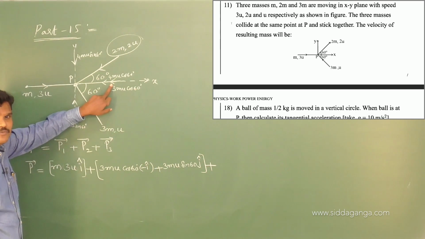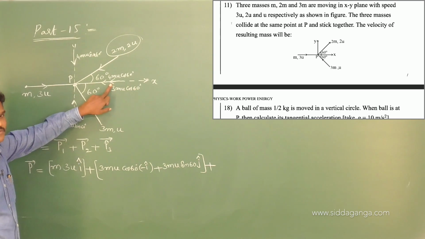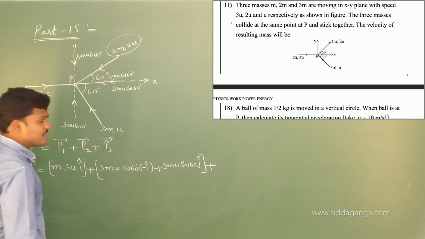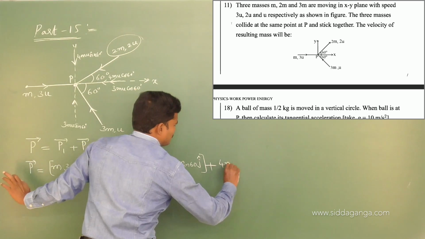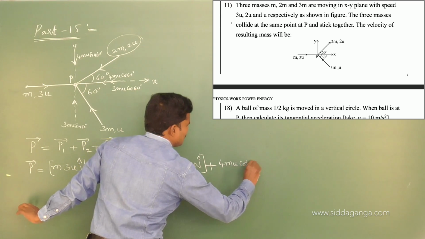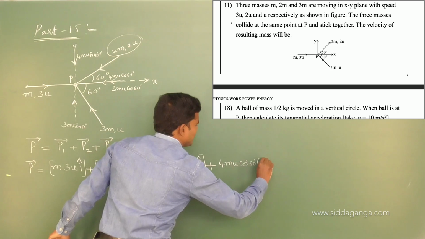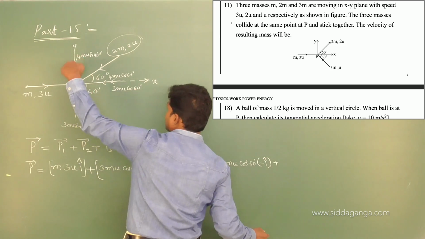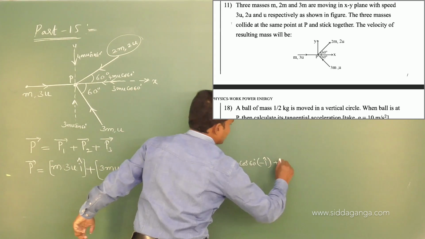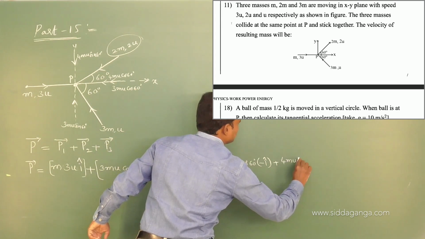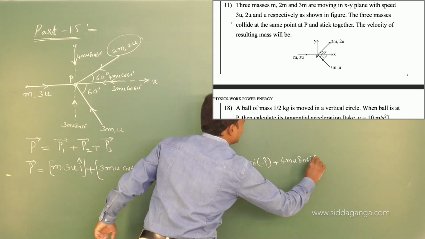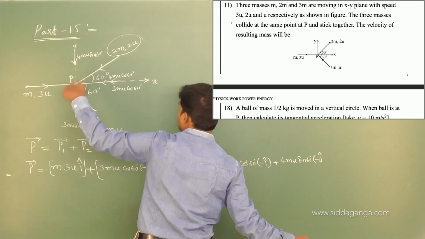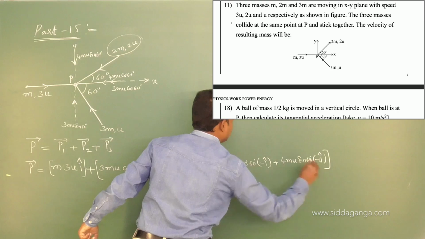Which side is it moving? Left side, and left side means minus i cap. So 4mu cos 60 minus i cap, plus 4mu sin 60, which is downwards along the negative y-axis, minus j cap.